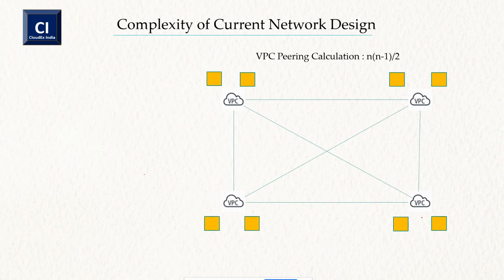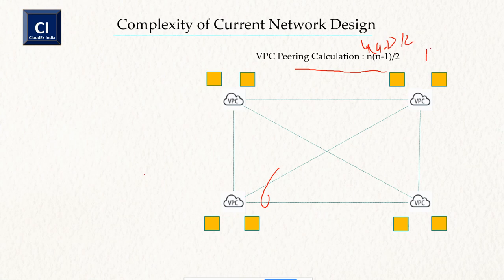But for this, how many connections have you created? You have created a total of six connections here. How can you calculate the connections? There is a formula on the top. N is the number of VPCs, so N is 4 here, and then N times N minus 1, divided by 2.